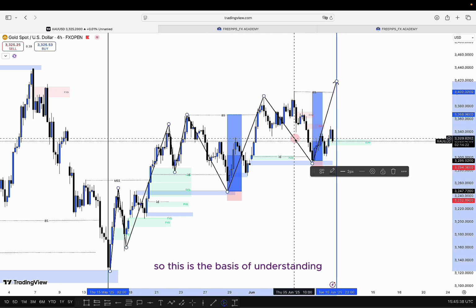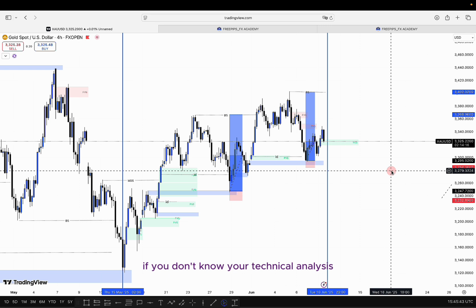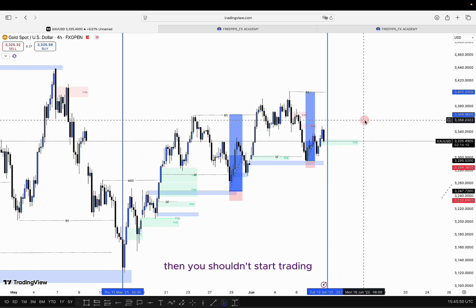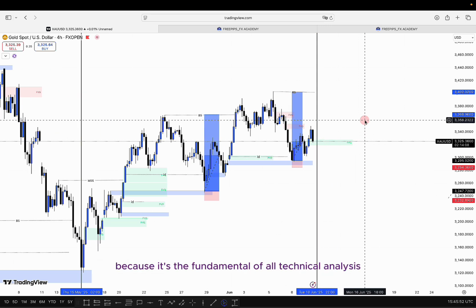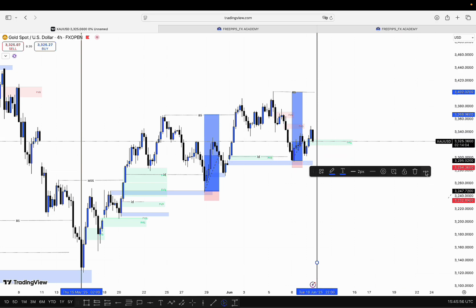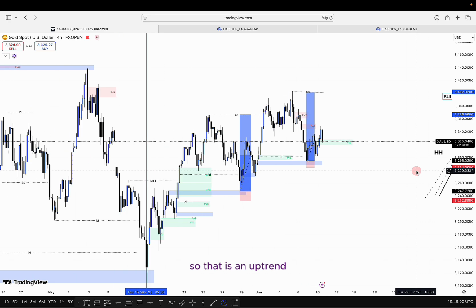So this is the basis of understanding technical analysis. If you don't know your technical analysis by having in mind market structure, then you shouldn't start trading, because it's the fundamental of all technical analysis. All right, so that is an uptrend.